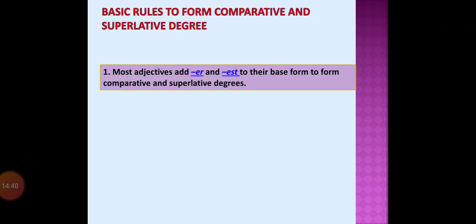The first rule is that most adjectives add ER and EST to their base. Base means the basic form, to form comparative and superlative degrees. The examples are tall, taller, tallest. Tall is the basic adjective.